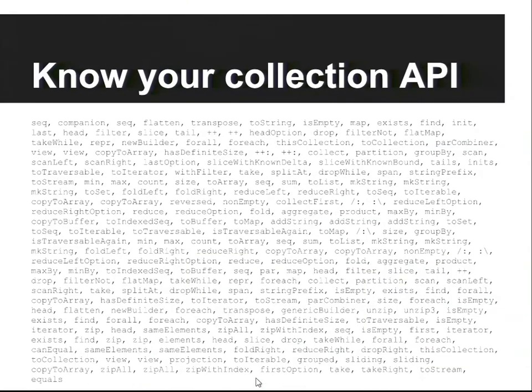I did a reflective call on all the methods on the collections. If you look, there's quite a bit. We're not going to go through them all, but there are some pretty awesome methods on there. The most used library in any code I've ever written is the collections library of that language, or a helper collections library. It's code that you use all the time.